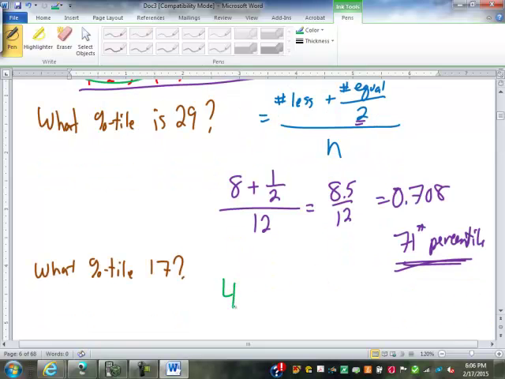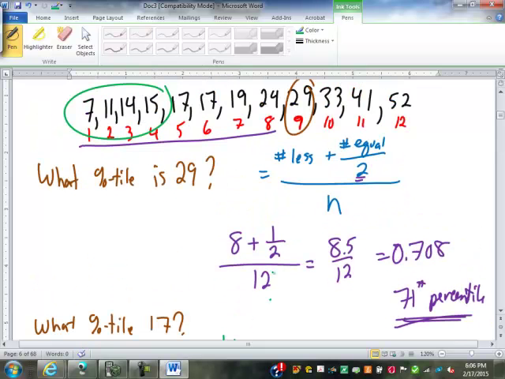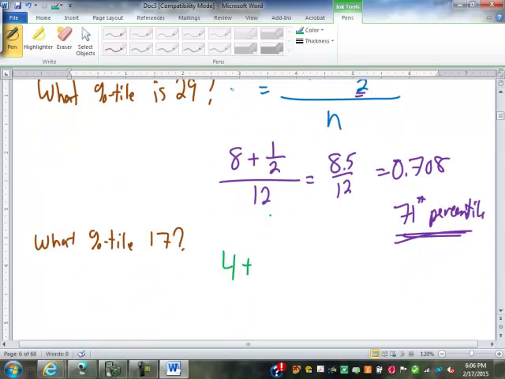So that's 4 plus, how many were equal to 17? 2. So that's going to be 2 divided by 2, over 12. So that's 5 divided by 12, otherwise known as 0.416 or 0.42. So it's 42%, the 42nd percentile.